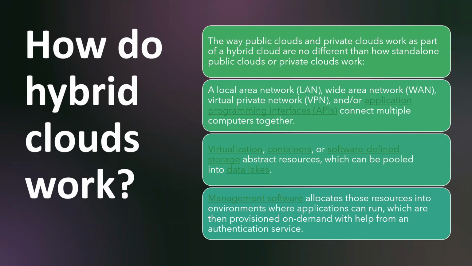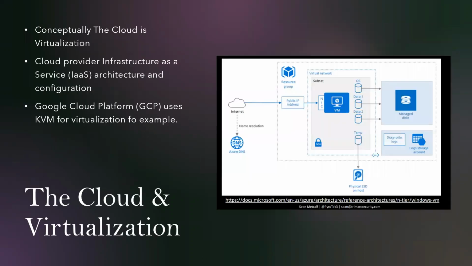So conceptually, the cloud is virtualization, like I just said in the past slide. Cloud providers offer infrastructure as a service, architecture and configuration. Google Cloud Platform uses KVM for virtualization, for example, as you can see in the picture on my slide here.